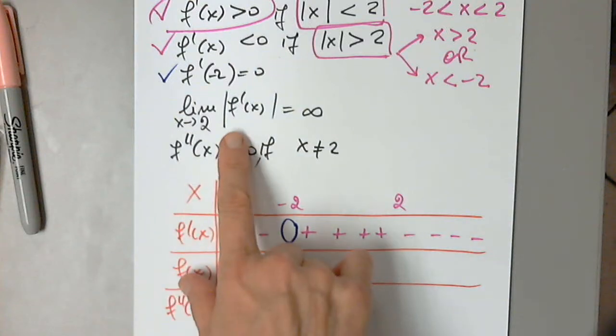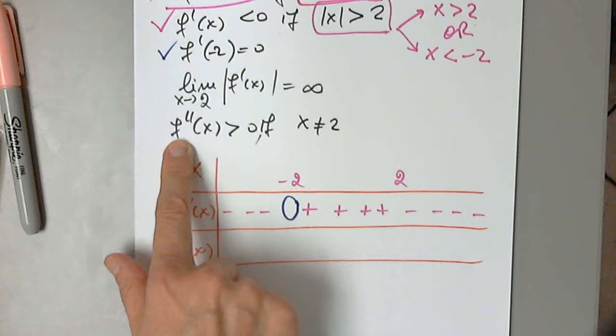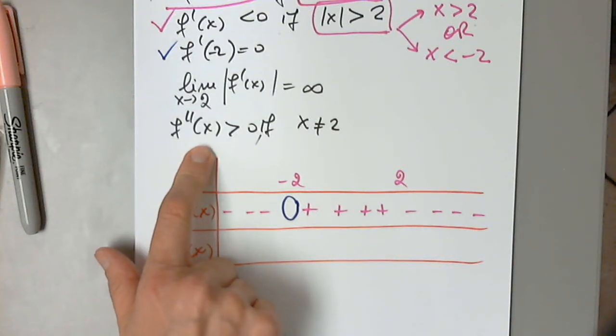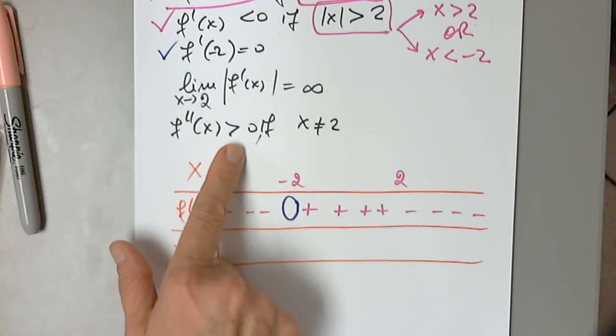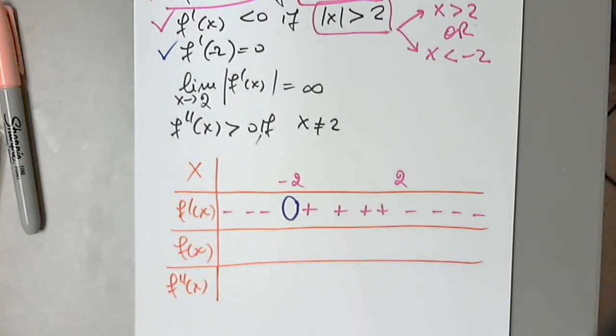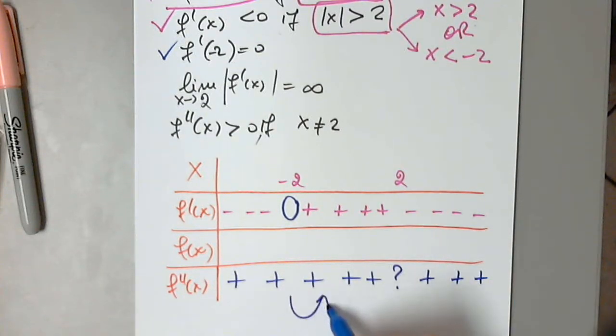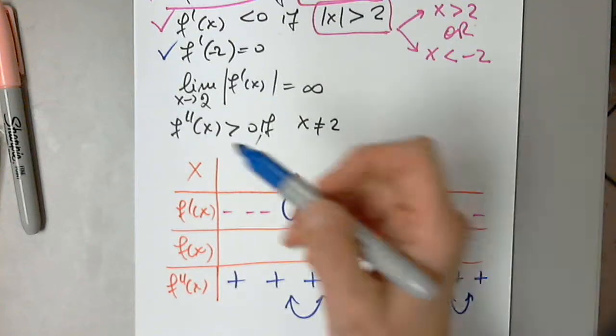Let's look at the last one and then we'll come back to the limit. The last one says the second derivative is always positive for anything but 2. Okay? Check.